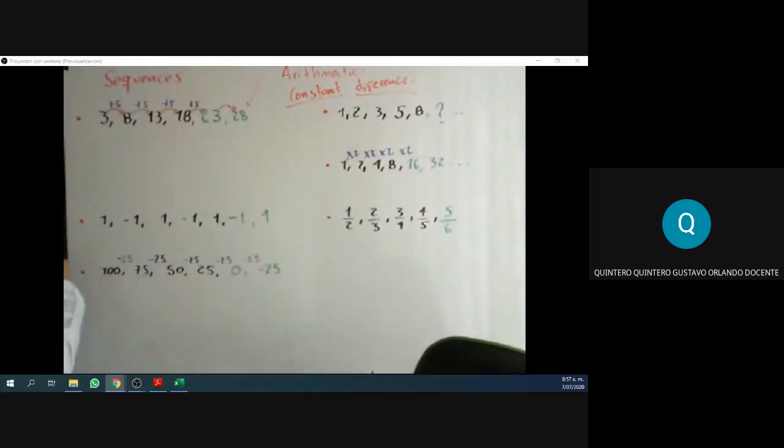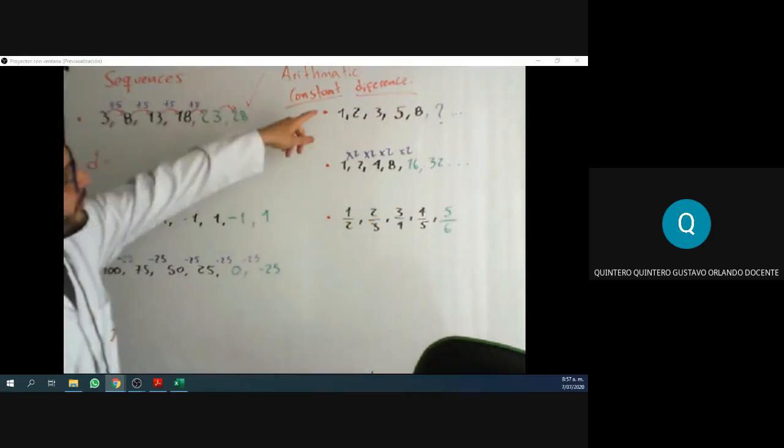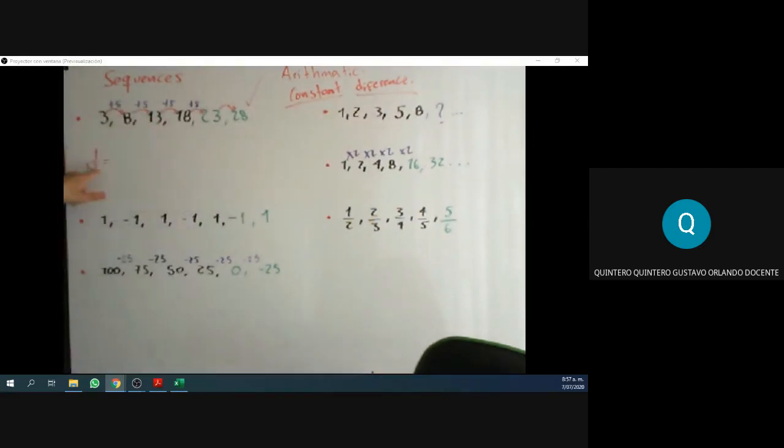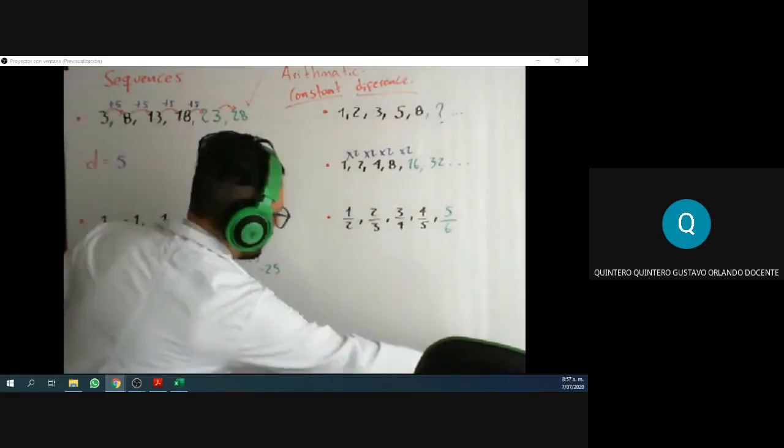The difference, I'm going to write it D. In every single book, you're going to find the word difference as a D, all right? For the first example, the difference was 5. So I'm going to write D equals 5. All right? And how did we know that? Pretty simple.